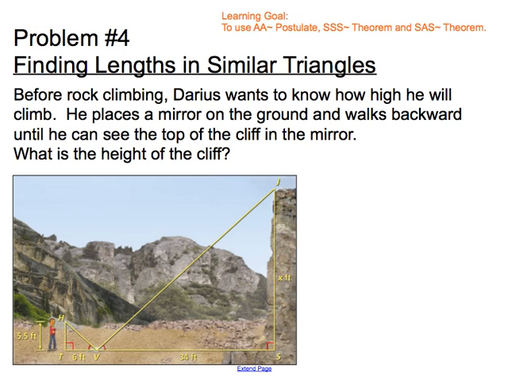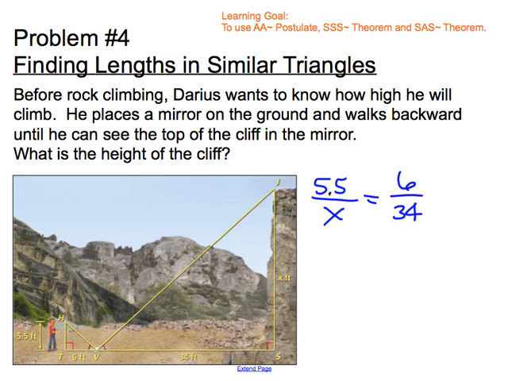Once the triangles are similar, all their angles must be congruent, and their sides must be in proportion. So since Darius knows his height, and he's looking to find the height of the cliff face, he can say his height is to the height of the cliff face as his distance from the mirror is to the distance of the mirror to the cliff.